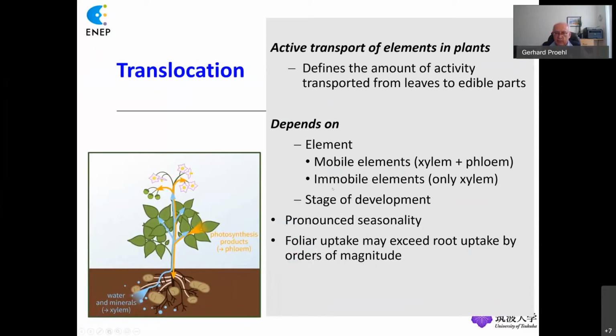And translocation depends also on the stage of development, and we have here also a pronounced seasonality. And the translocation for mobile elements is highest during the peak season of the plant development. We have also discussed in previous lectures that the foliar uptake may exceed root uptake by orders of magnitude.